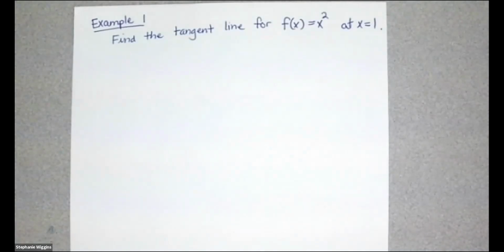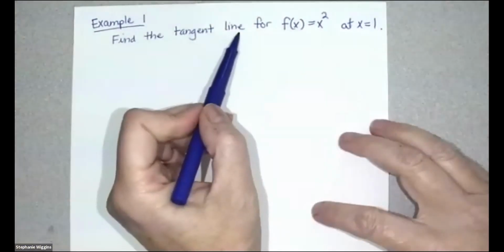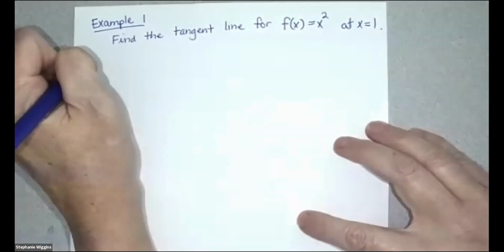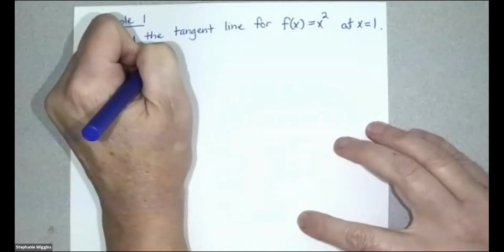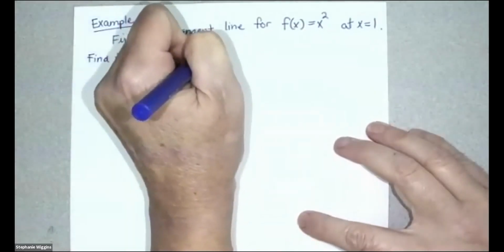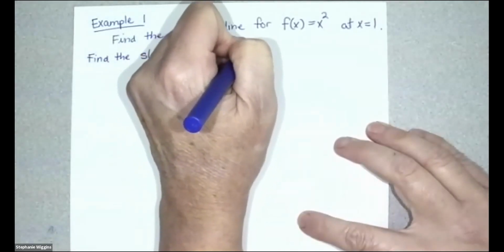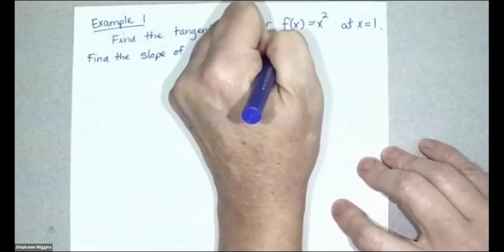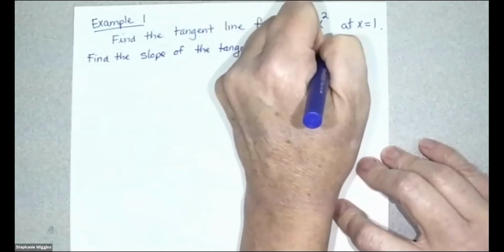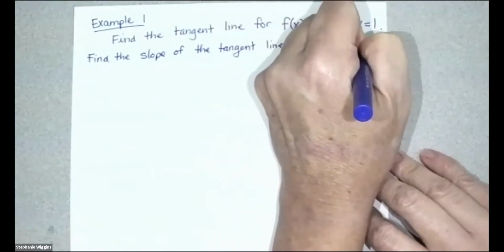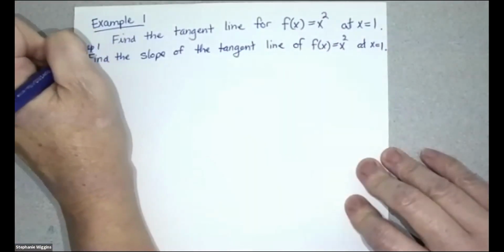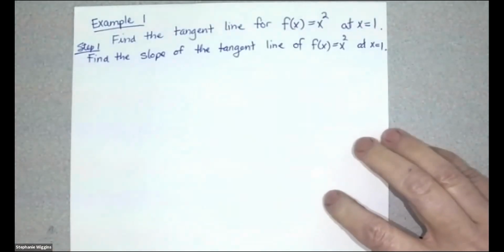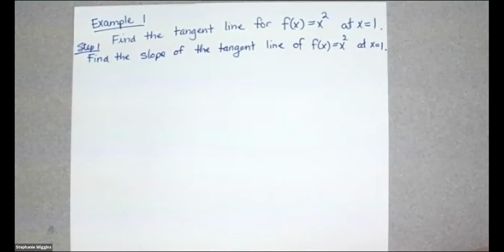Since we're looking for the tangent line, the first step is to find the slope of the tangent line. Find the slope of the tangent line of f of x equals x squared at x equals 1.